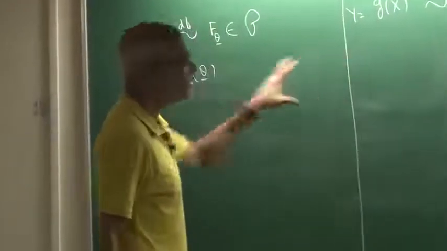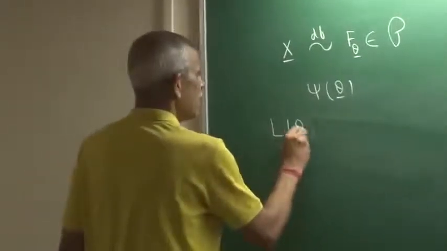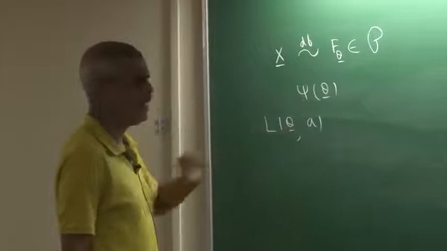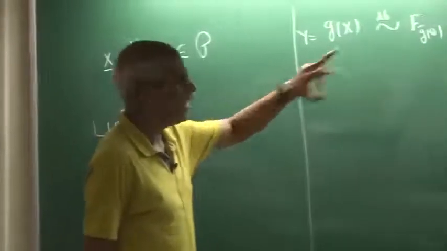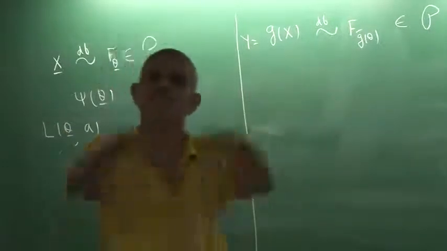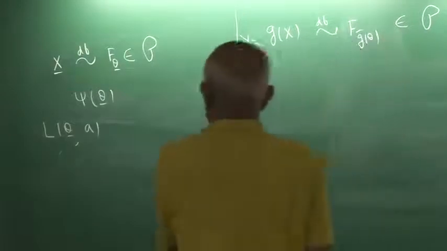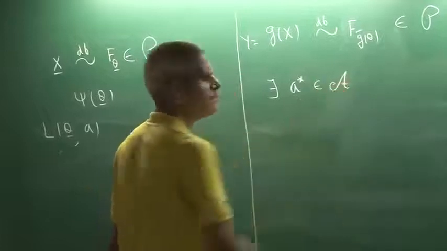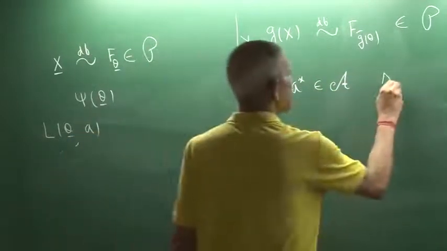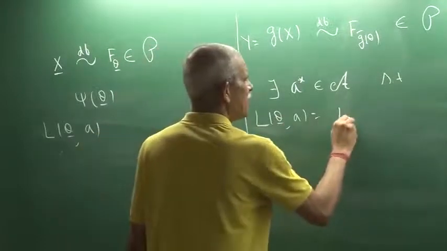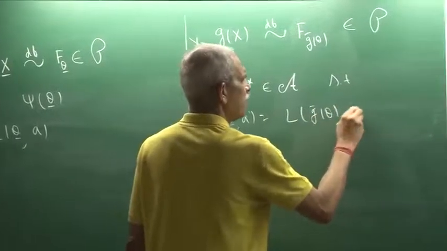Now, what I assume is that the losses are also the same. So here, the loss in estimating psi of theta by A should be the same as the loss in estimating psi of g bar theta by some other action. So what I assume is there exists an A star belonging to the action space such that L of theta, A is the same as L of g bar theta, A star.